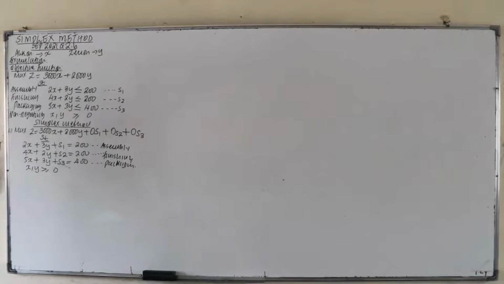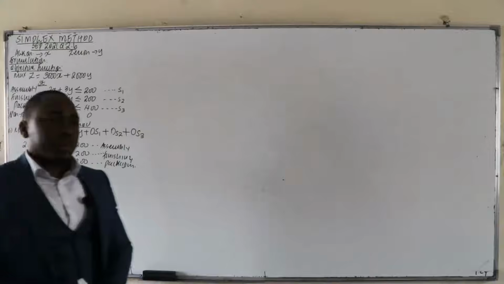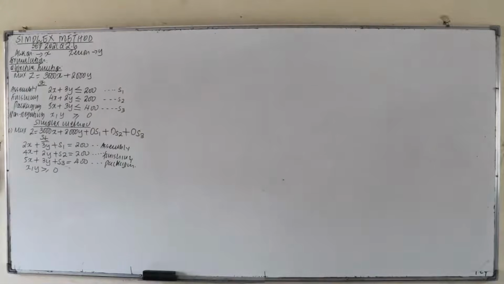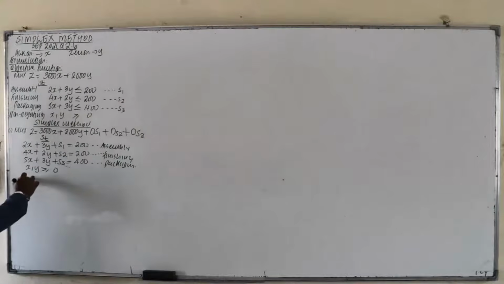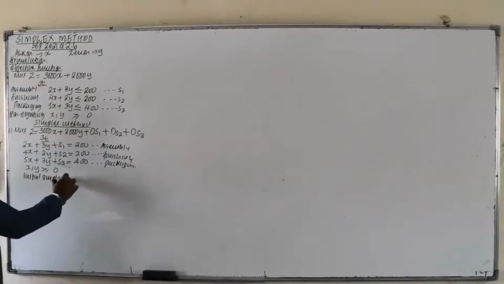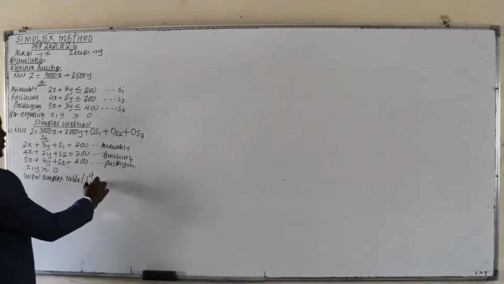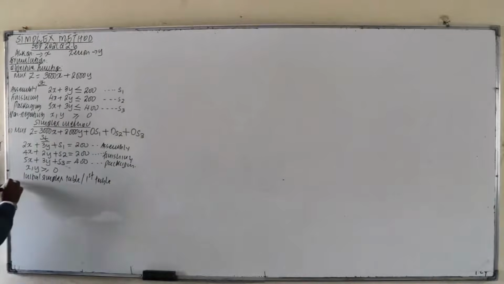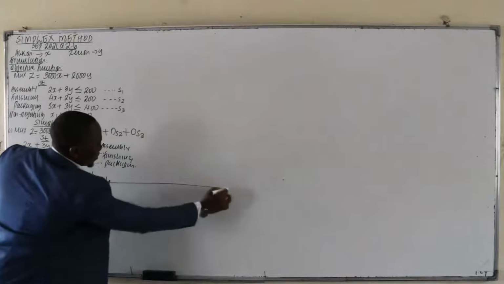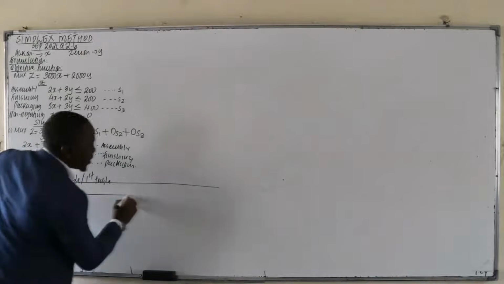Now, what was step number 3? You develop the initial simplex table, also known as the first table. How do we come up with this table?